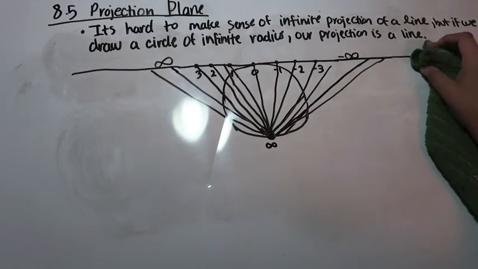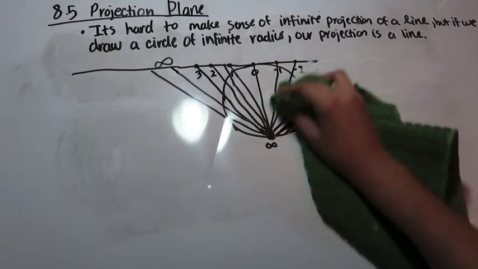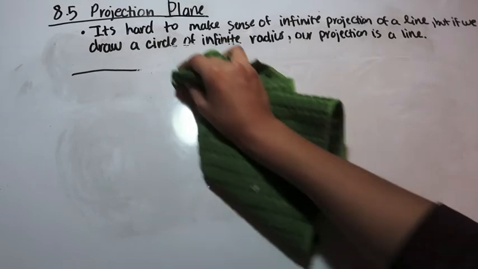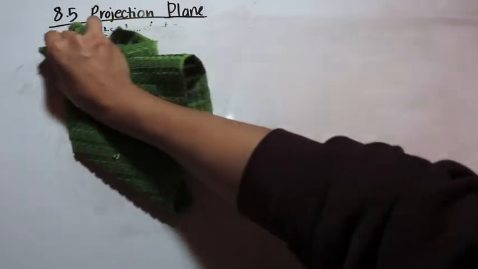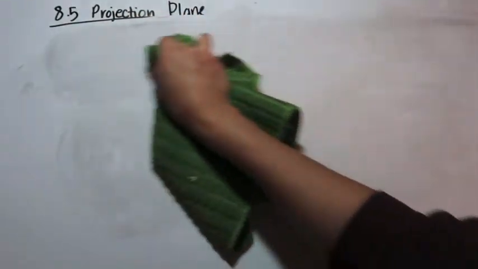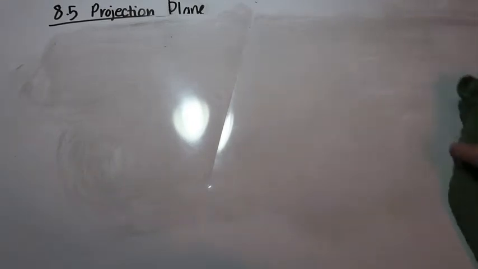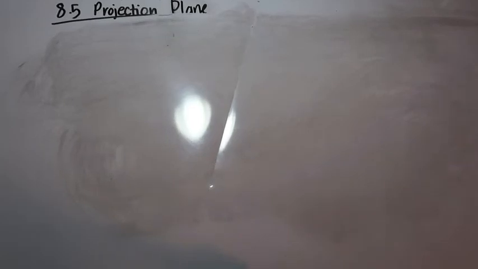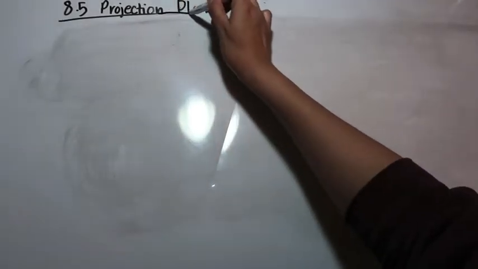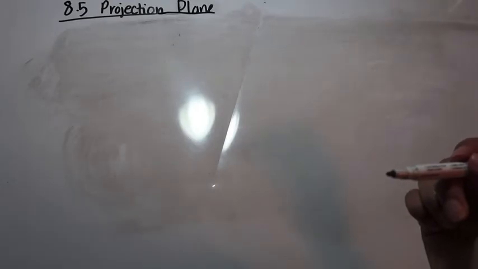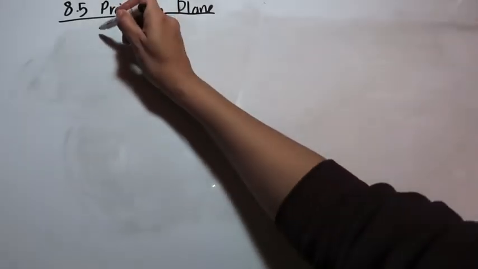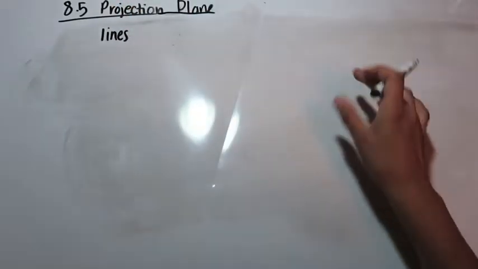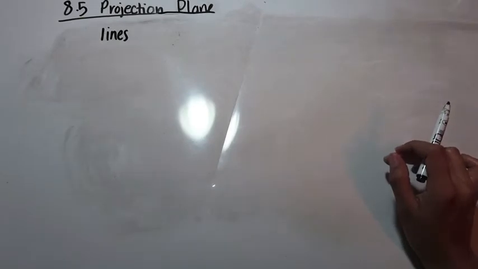I'm going to erase all of this. So I'm just going to define some things really fast before I continue. We have the lines from the previous drawing that you guys also have in your textbook.